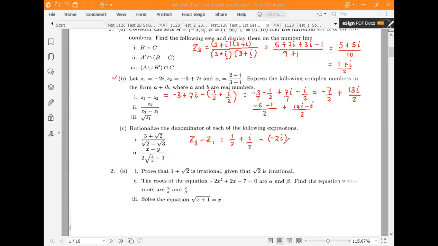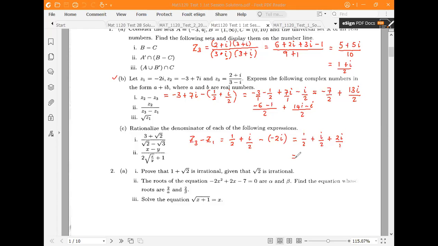So when we do the subtraction, half remains because there's no real part on the other number. So we just put together these two. Minus i over 2, negative becomes plus 2i over 1.